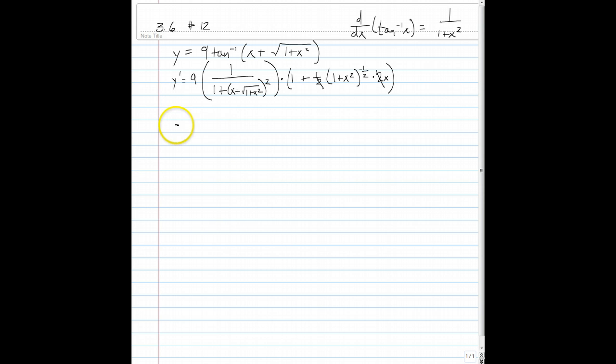So let's see what we have here after we clean it up, because we've done the calculus part of it. Now it's just algebraic manipulation to clean it up.